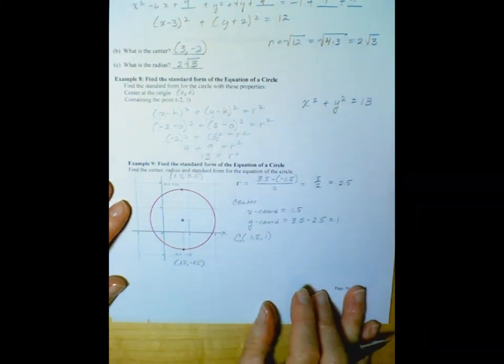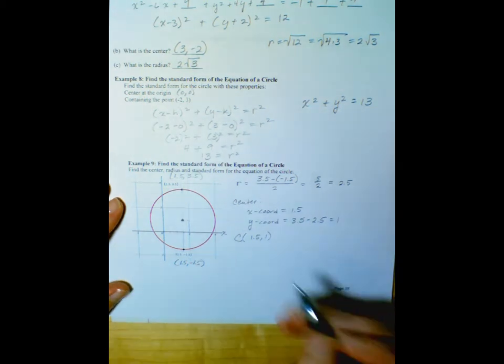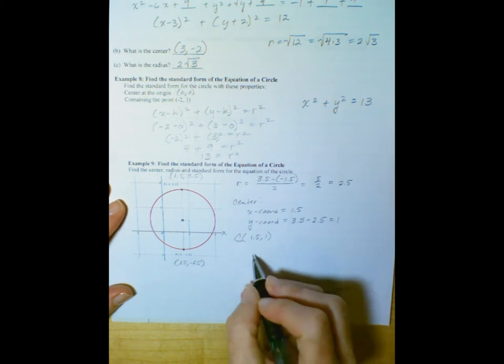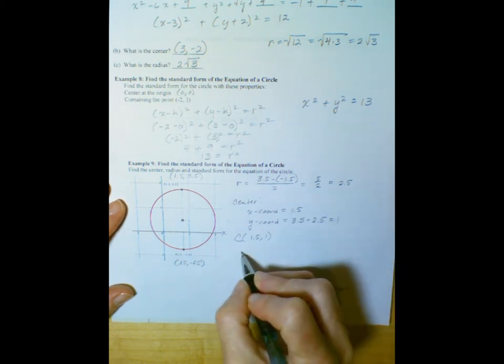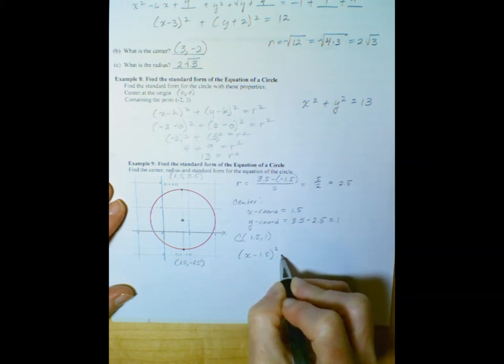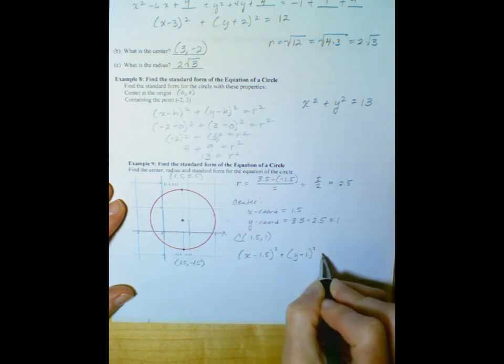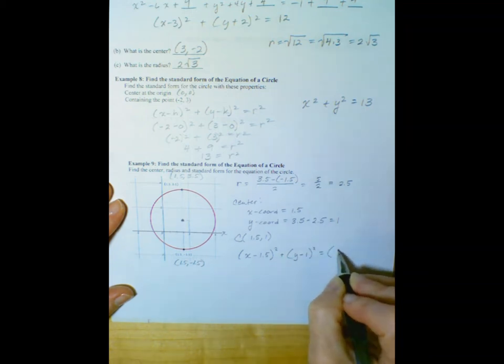So we know that if we have our center and we have our radius, we can write our equation in standard form, right? That's all we need. So for our equation in standard form, it's x minus h, which is 1.5, squared, plus y minus k, which is 1, squared, equals 2.5 squared.